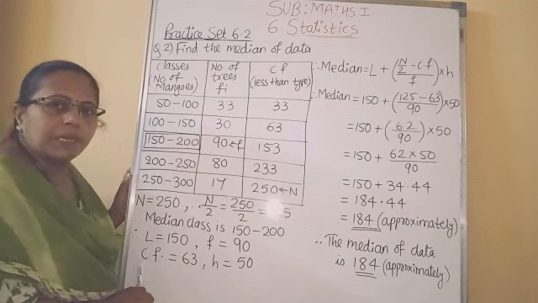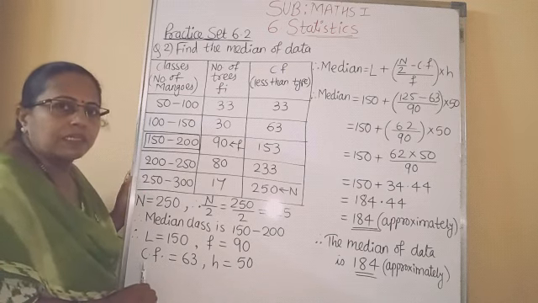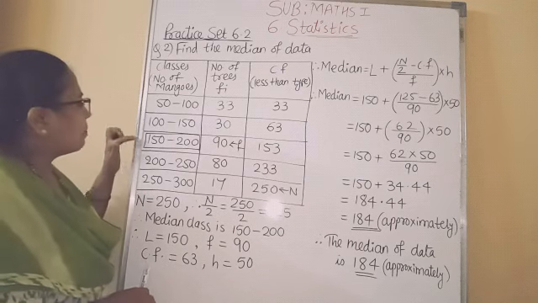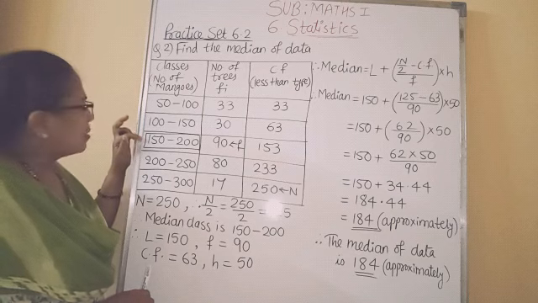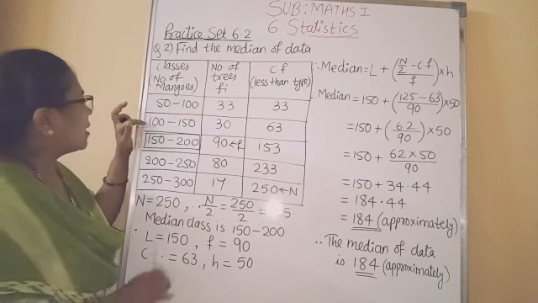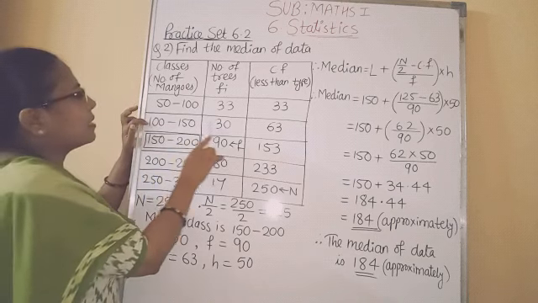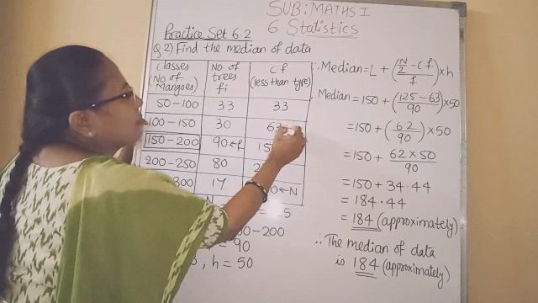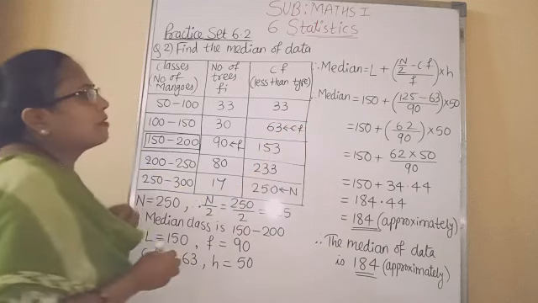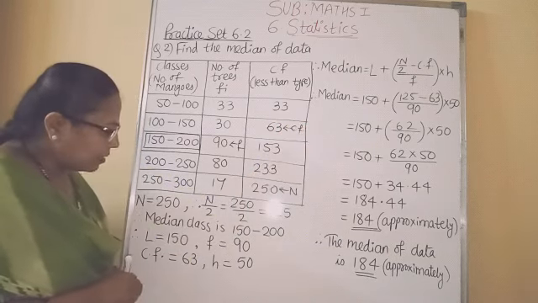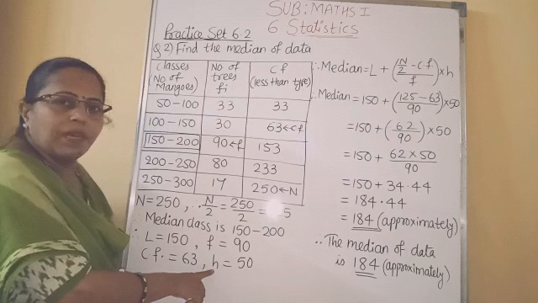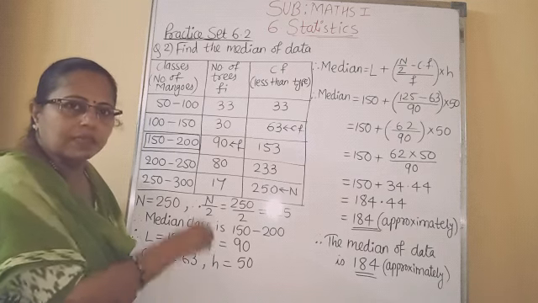CF means cumulative frequency of the class preceding the median class. The class preceding the median class is 100 to 150 and its CF is 63. So the value of CF is 63.